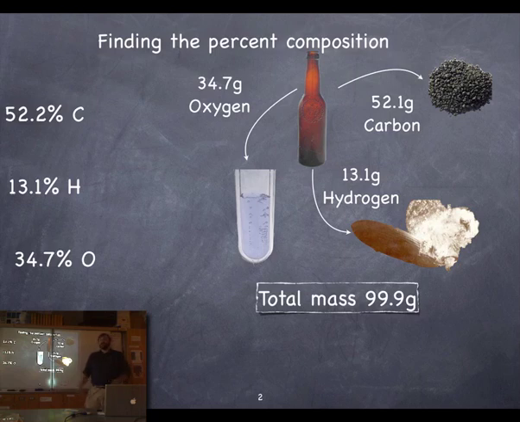Okay? You take the mass of each component, you divide it by the total to get the percent composition. This is one way to describe what is in a compound, what is in a molecule, what's in a substance that you are analyzing. Okay, we call this the percent by mass. Percent by mass. All right?